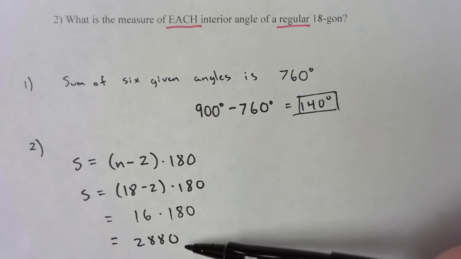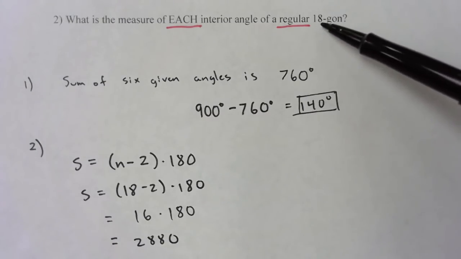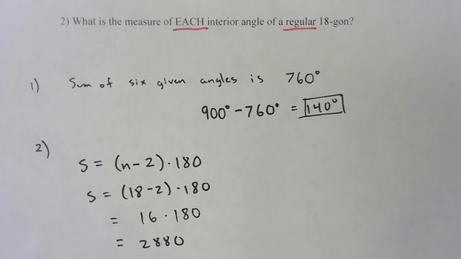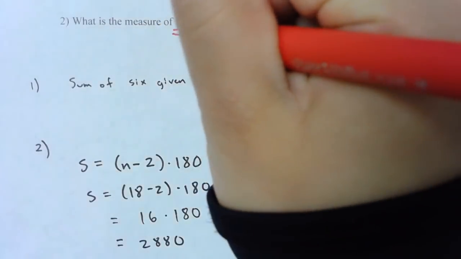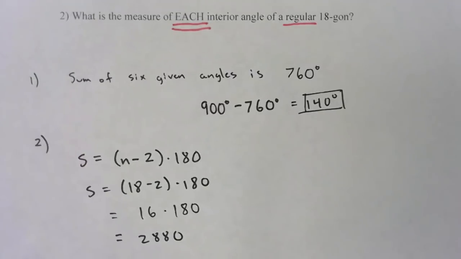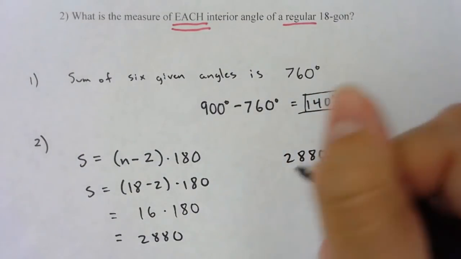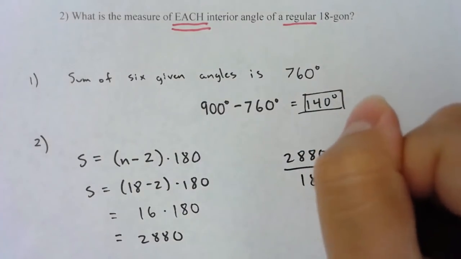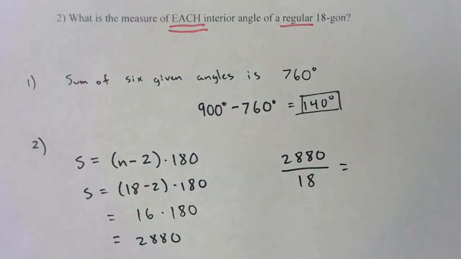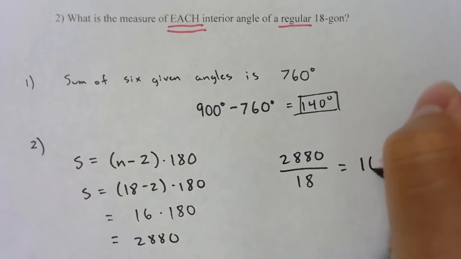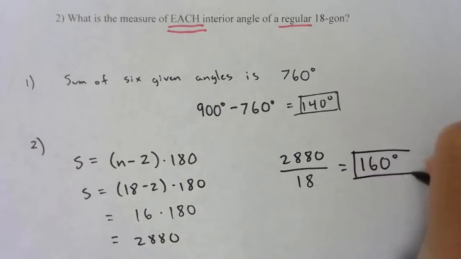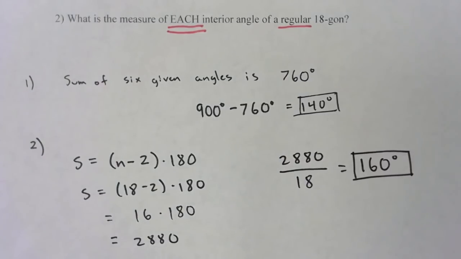What you need to do from here is divide by 18, because that gives me the measure, and I'm going to double underline, of each interior angle. So 2,880 divided by 18, because there are 18 angles inside, gives you the measure of each angle, and that's 160 degrees. This is your final answer.